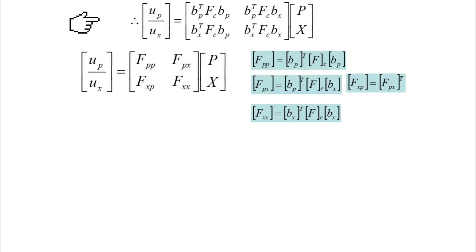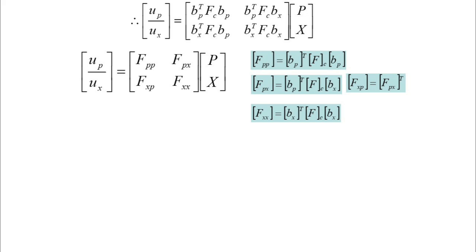So on the left side we have the vector of the displacements consisting of the unknown displacements UP on the top and the prescribed displacements on the bottom. And on the extreme right hand side we have the prescribed force vector P, and below it we have the vector of the redundants.